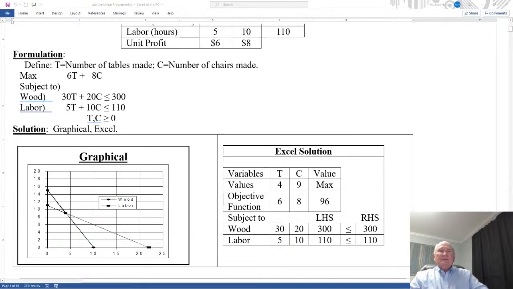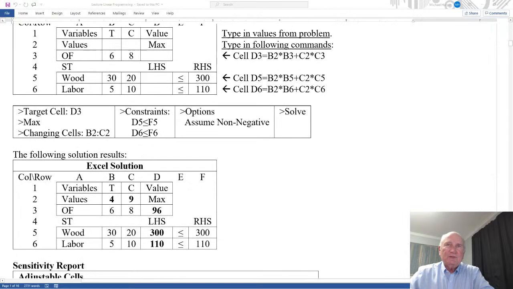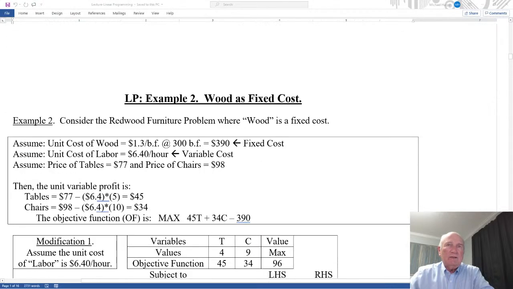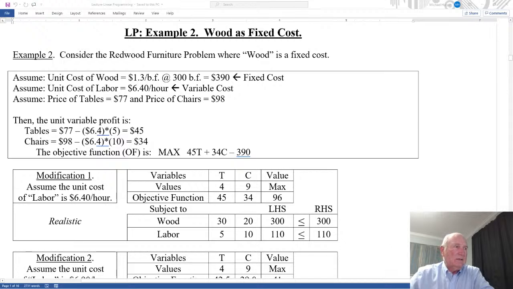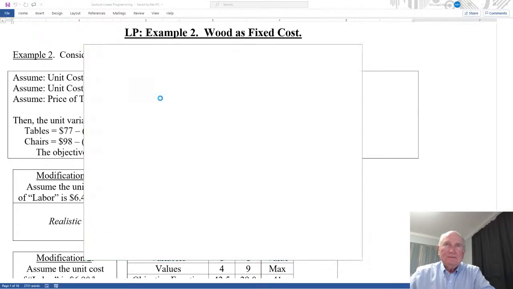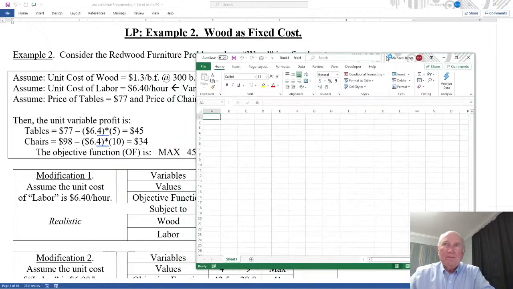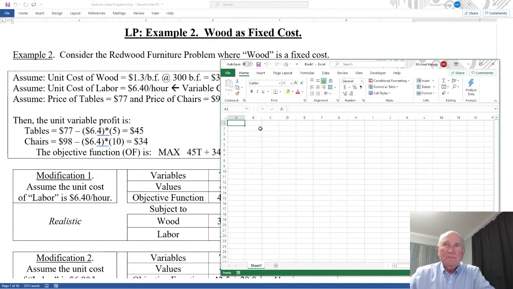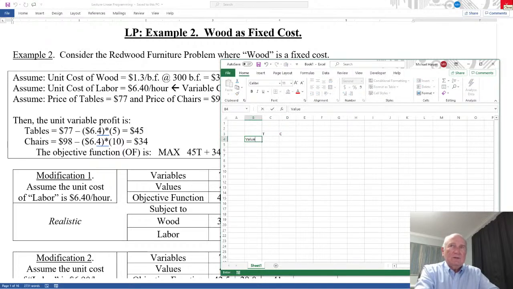Okay, we're coming back. Let's go back to example number 2, where we were before, right here. I need to bring Excel back and set it up again. Let me set it up quickly. T, C, these are the values.